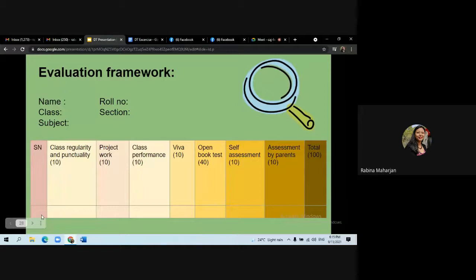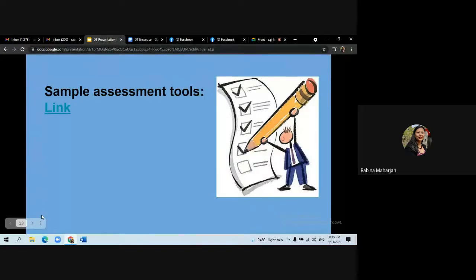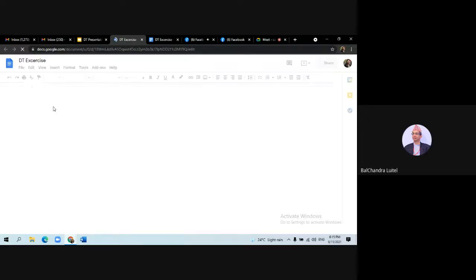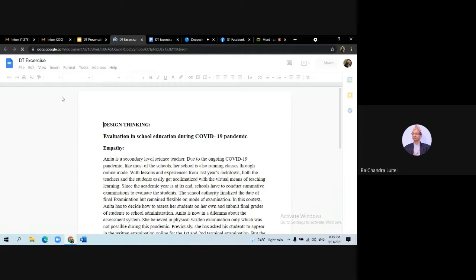Since our user is a little confused and feels inadequate in designing this type of assessment tools, we have also suggested some sample assessment tools, which I'm going to share now.